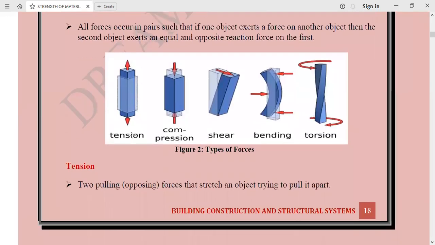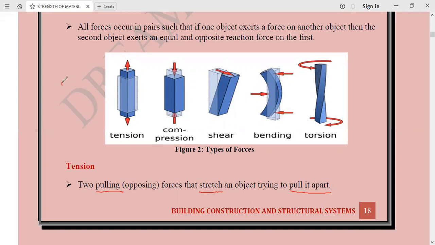First we will discuss the tensile force. In the tensile force, you have to apply a pulling force. Whenever you apply a pulling force on a body, it will stretch the body and try to pull it apart.